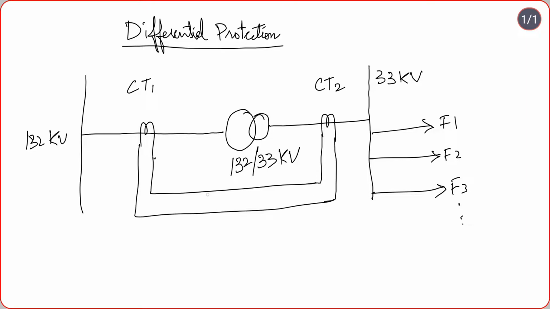A differential relay is placed here. These three, CT1, CT2 and the differential relay, are all placed in parallel to each other.